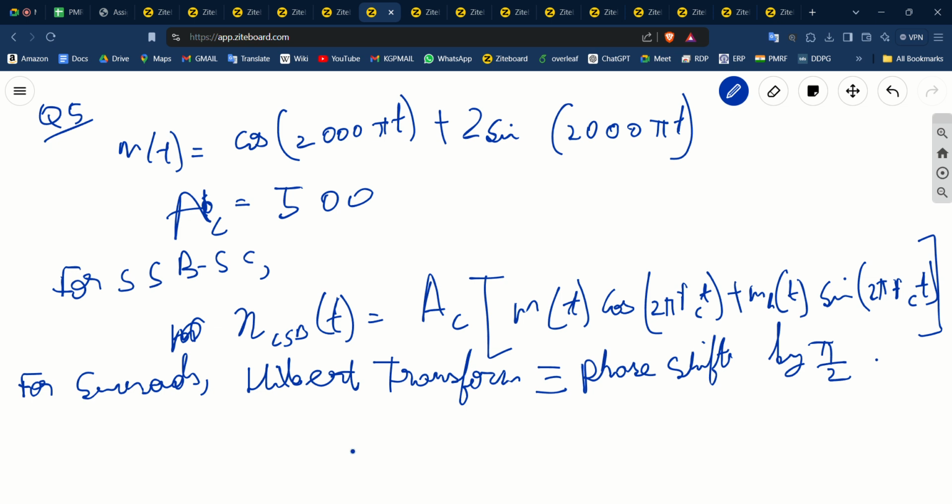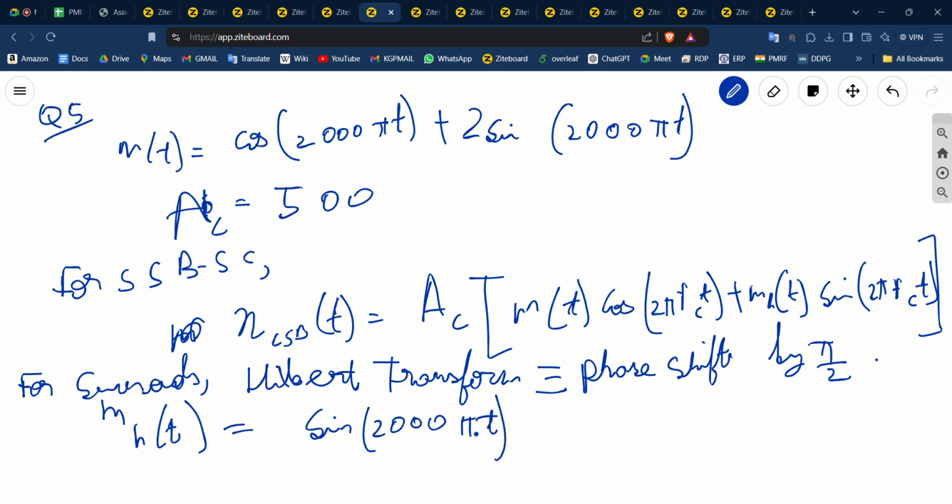So m(t) is cos 2000 pi t plus 2 sin 2000 pi t. What will be m_h(t)?